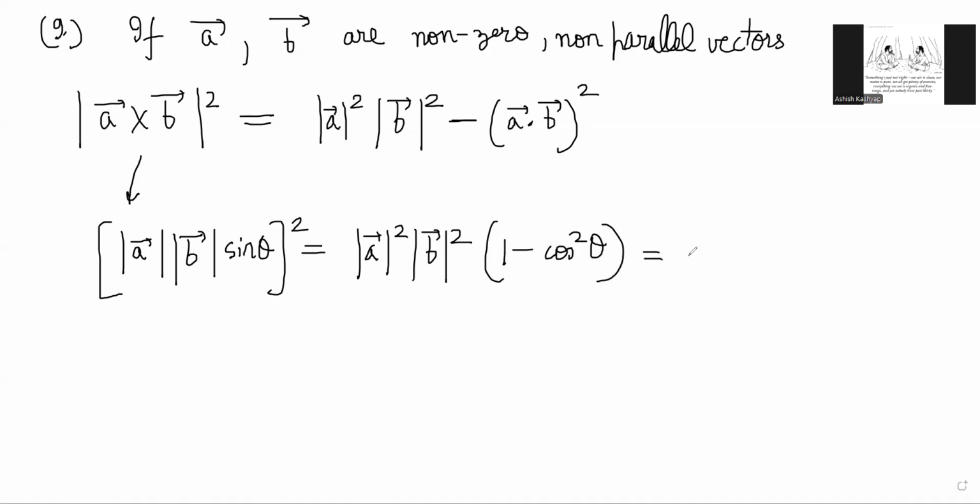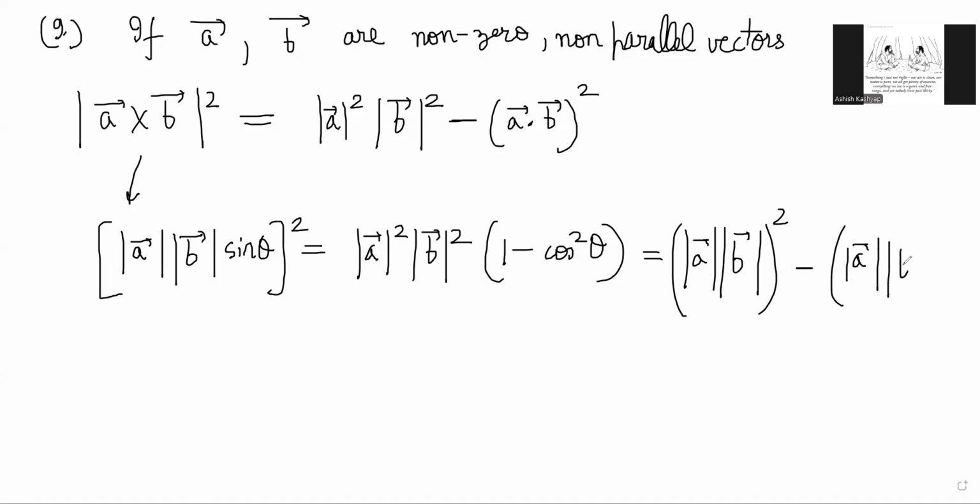And immediately you're getting mod of A square mod of B square minus mod of A mod of B cos theta whole square. So this and this are basically what we have written here. Correct? So this result becomes obvious. It is a simple proof.